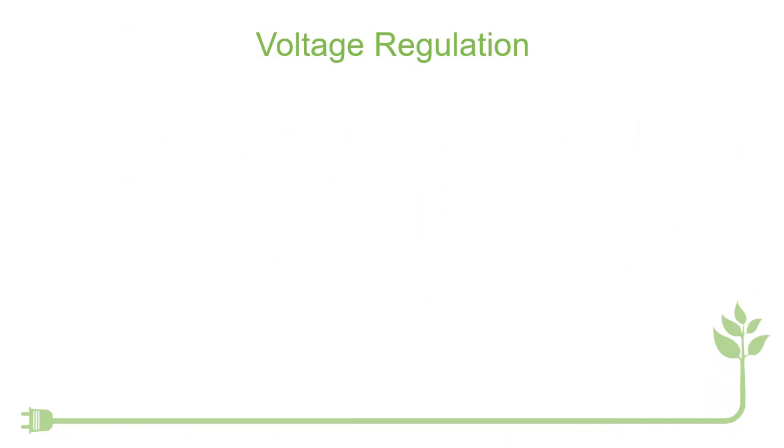Voltage regulation. It is the change in voltage at the receiving end when the full load at a given power factor is removed, and the voltage at the sending end is held constant. It can be written as: at full load, VR at full load is equal to the voltage at the receiving end, and at no load, VR at no load is equal to the voltage at the sending end.